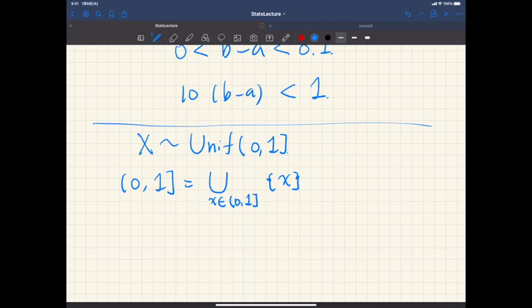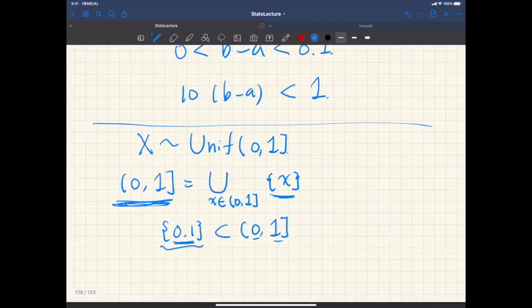For example, 0.1 is a subset of this interval, right? This subset consists of only one point, 0.1. So if you enumerate, if it's possible, all the values between 0 and 1 and take the union of all these single point subsets, singleton subsets, then it seems we can recover this interval.